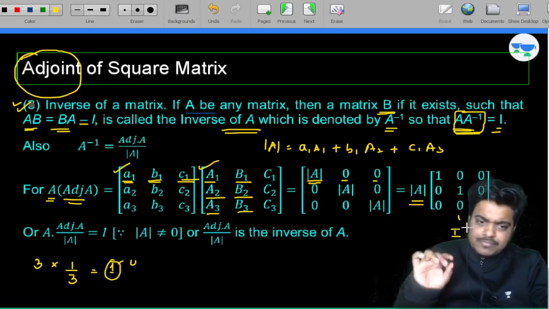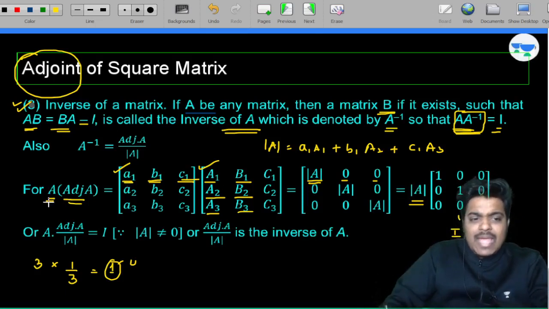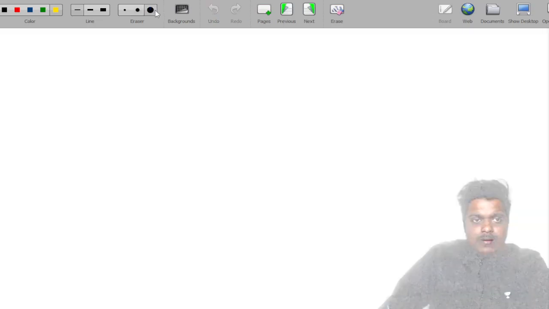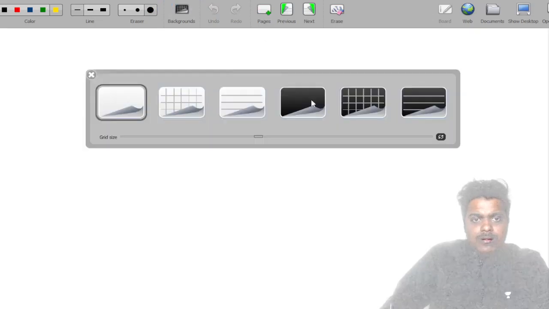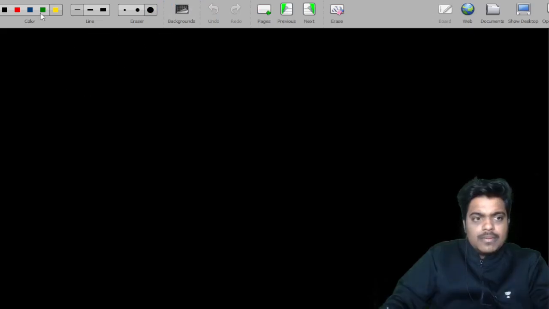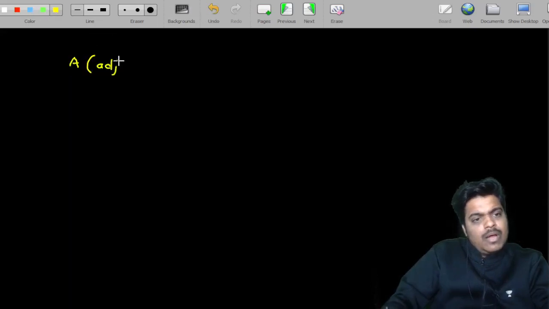Is it clear? Now can you say A into adjoint of A is equal to determinant of A into the matrix I?